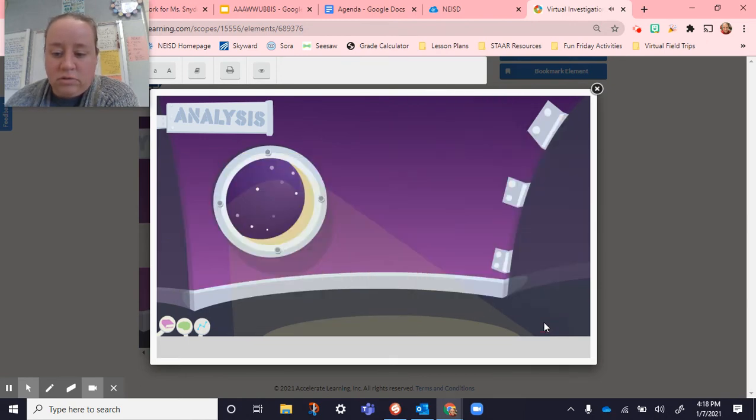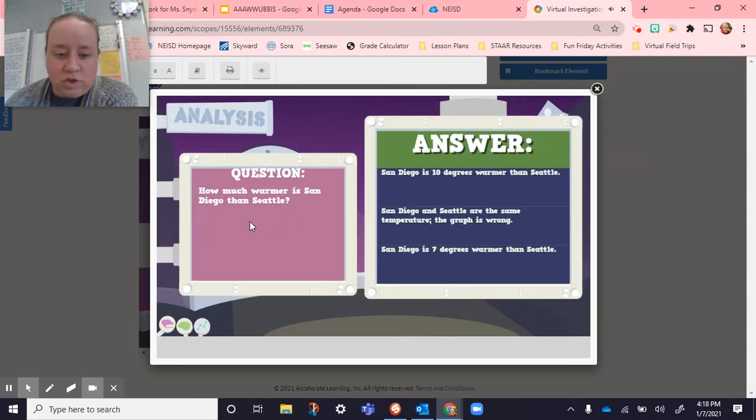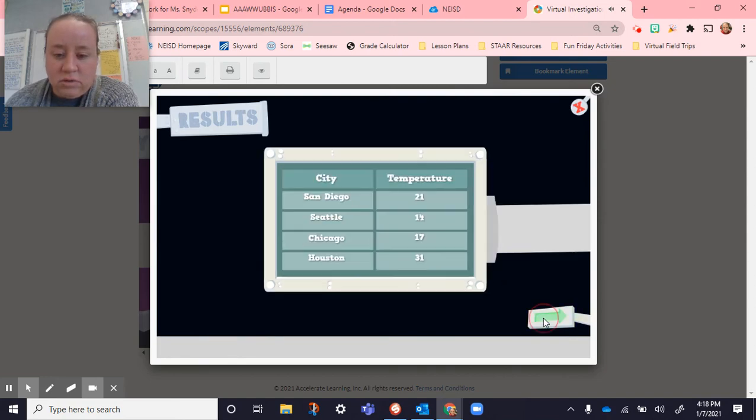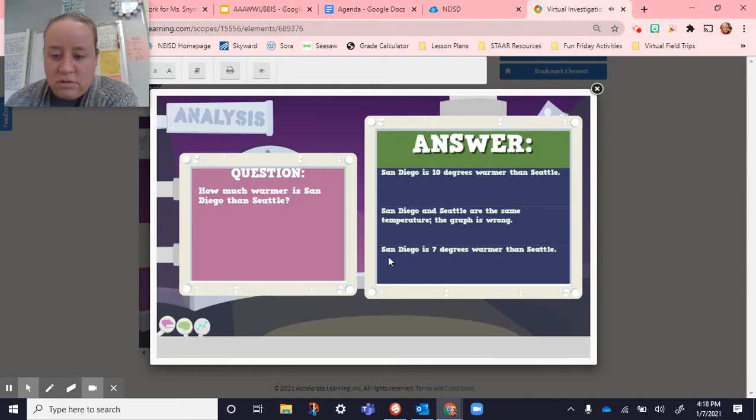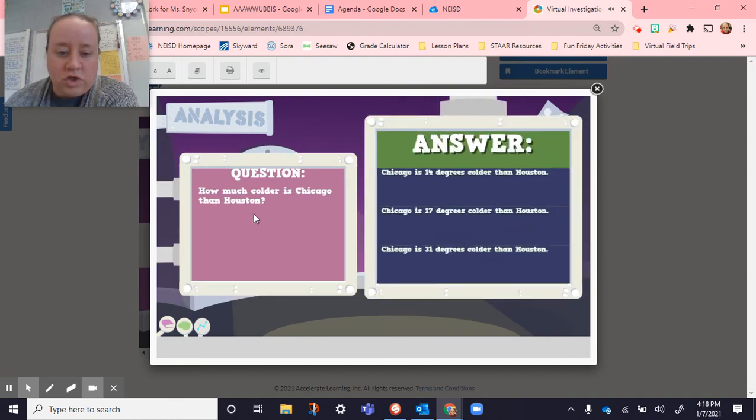Coldest was Seattle. How much warmer is San Diego than Seattle? So San Diego is 21, Seattle is 14, so that's 7. How much colder is Chicago than Houston?